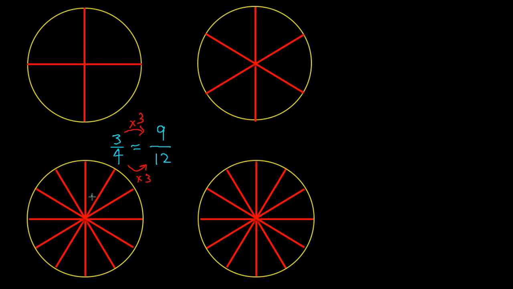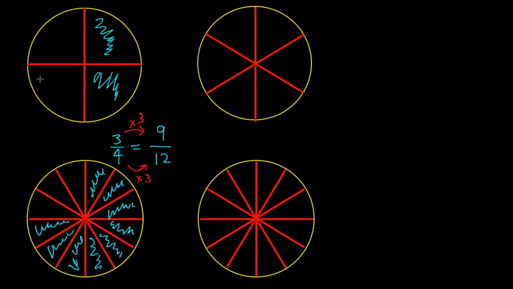So if I were to shade, it would look like this. 1, 2, 3, 4, 5, 6, 7, 8, 9. That's 9 out of 12 shaded. Well, that was the same as the 3 out of 4 that were shaded up here. The slices are bigger in the top diagram, but they represent the same portion of the overall circle.